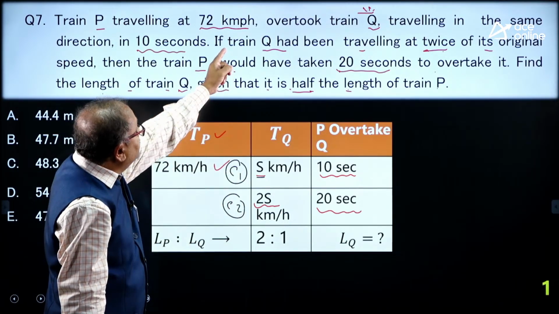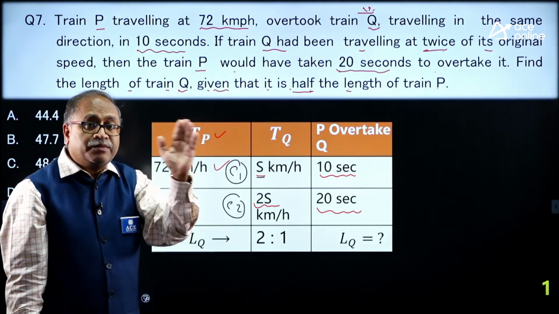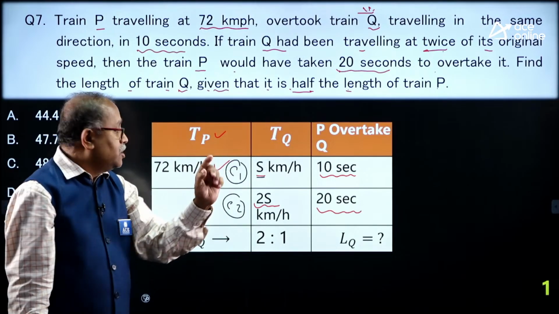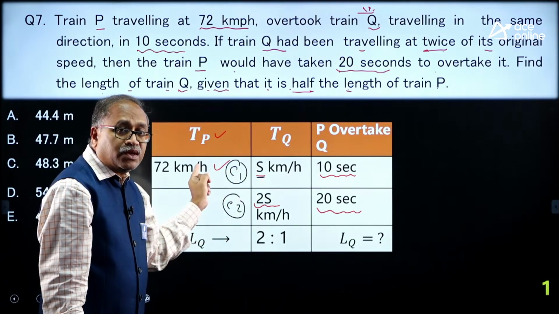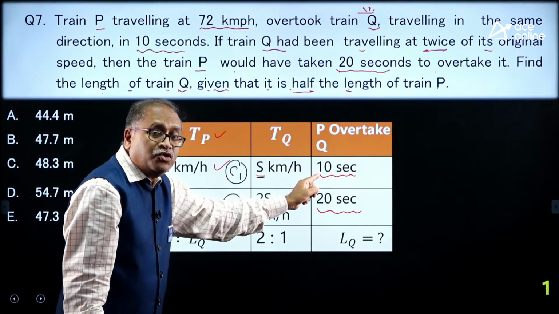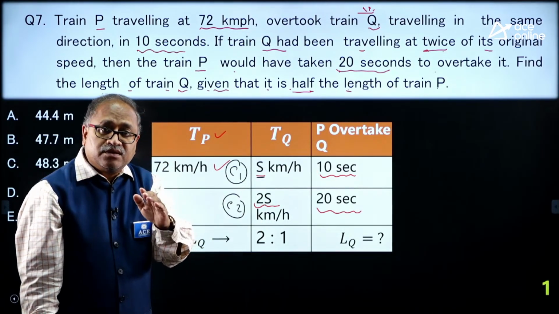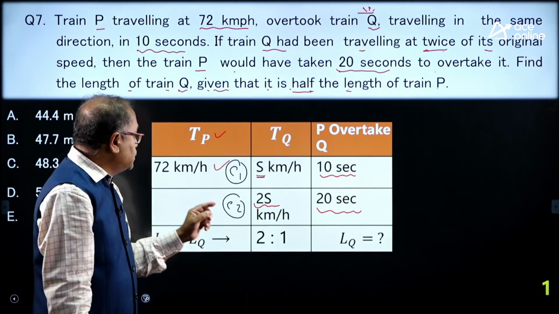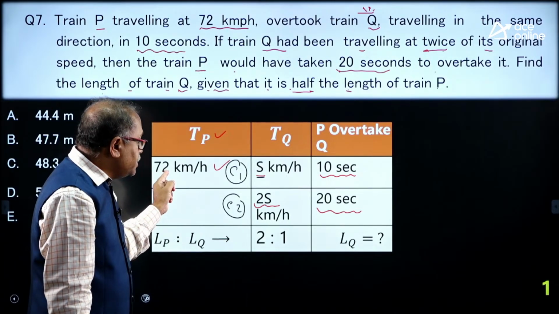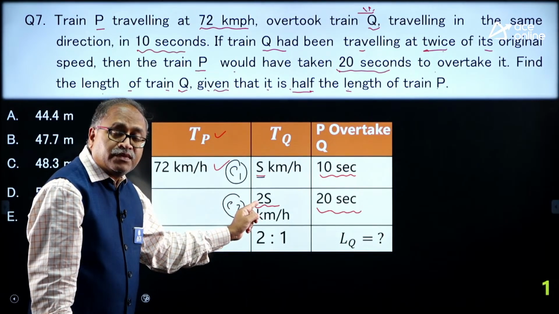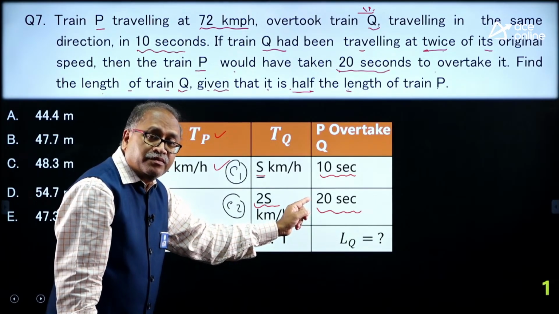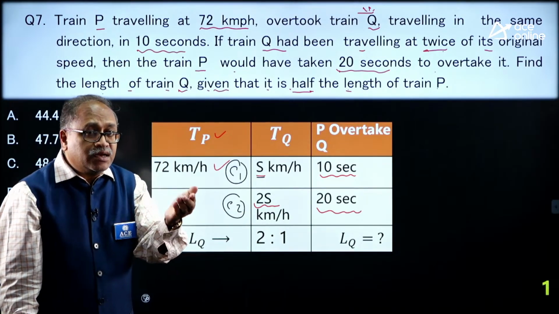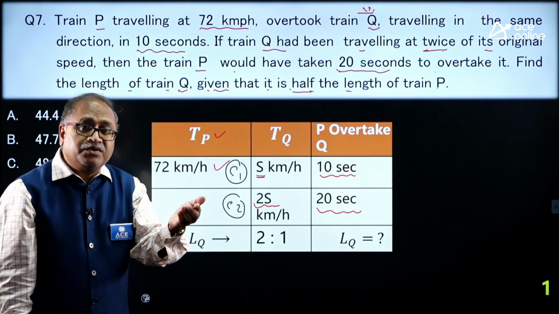It is overtaking, both of them are moving in the same direction, so the relative speed is 72 minus s, and into time is the distance. The same distance is there when the relative speed is 72 minus 2s, into time 20 seconds. That is again the distance, relative speed into time.